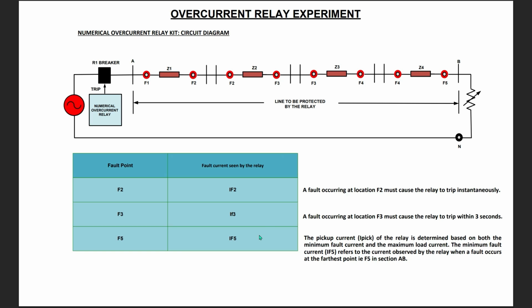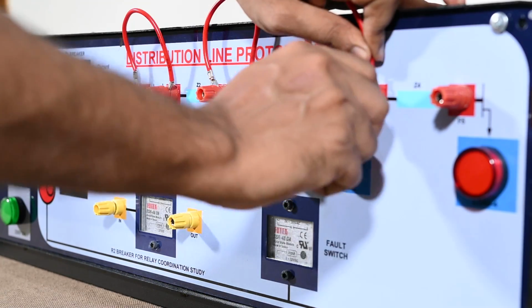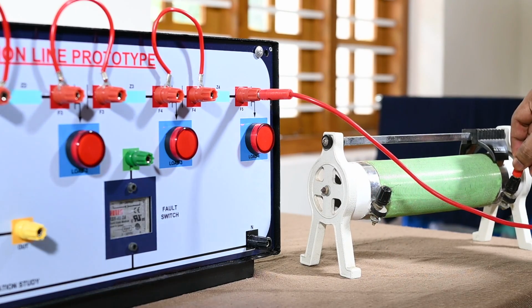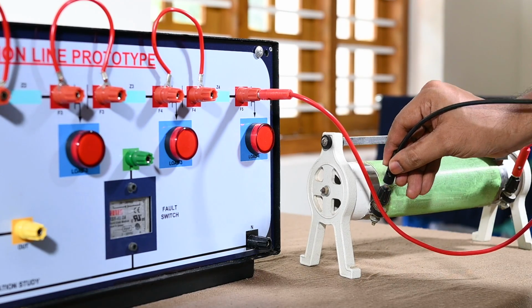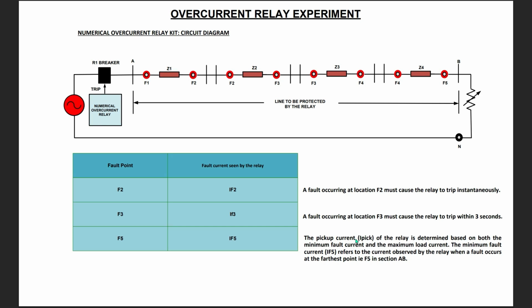Therefore, the current IF5 is also very important to determine the pickup current of the relay. Next, we do the experiment in the given kit and create faults at various points like F2, F3 and F5. Thereafter, based on these currents, the setting of the relay is determined to satisfy the above conditions.